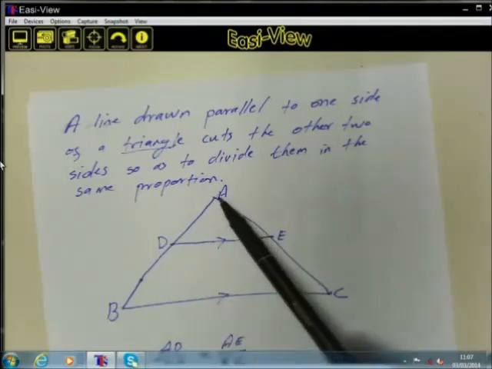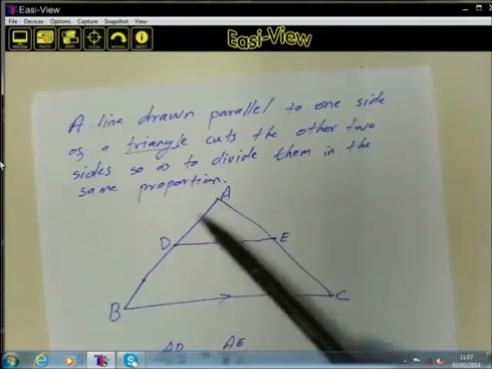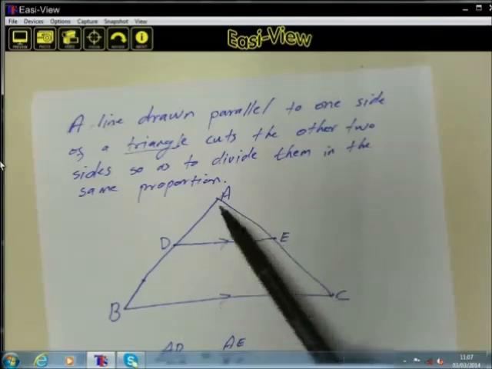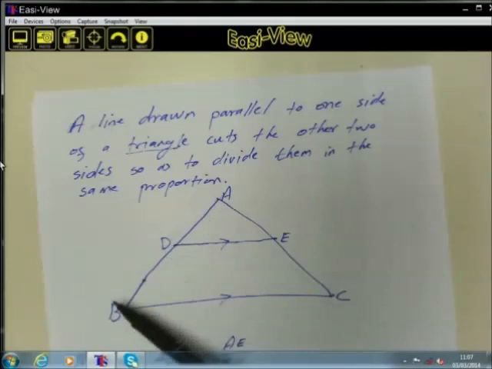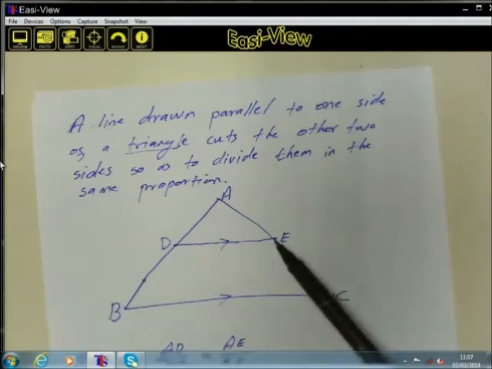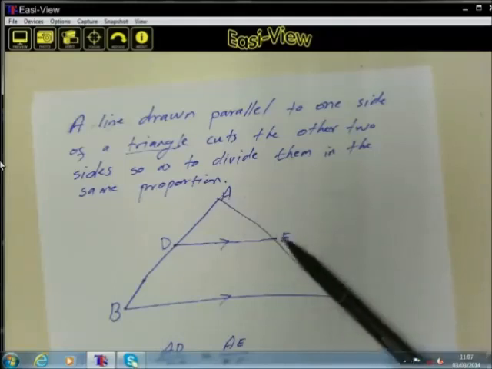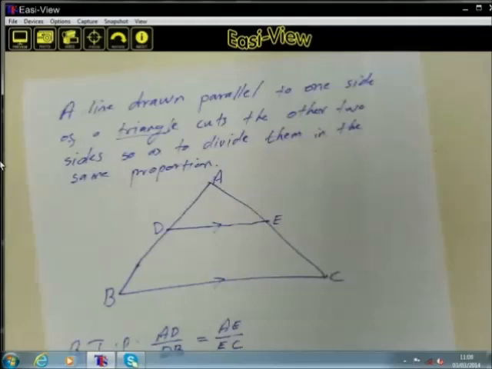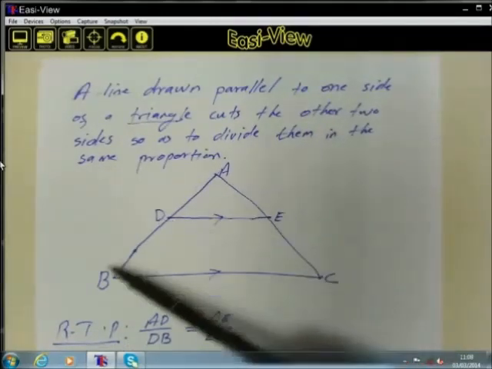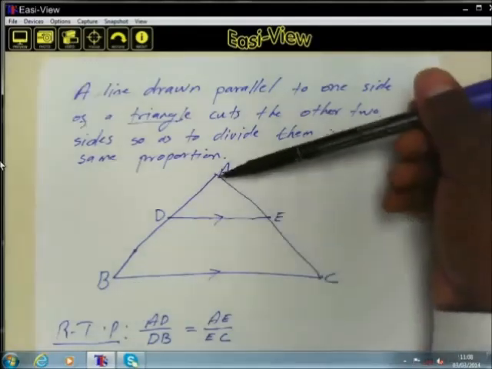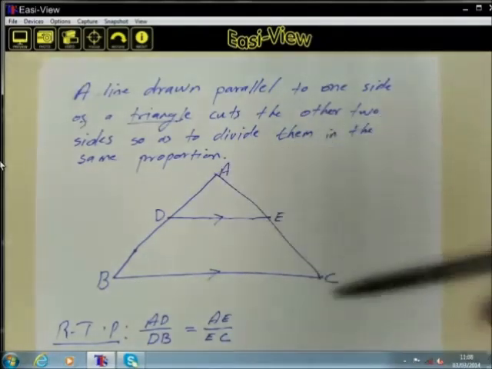This point D cuts AB into AD and DB. The very same thing applies to point E, which cuts side AC into AE and EC. This is what we want to prove: that AD over DB is equal to AE over EC.